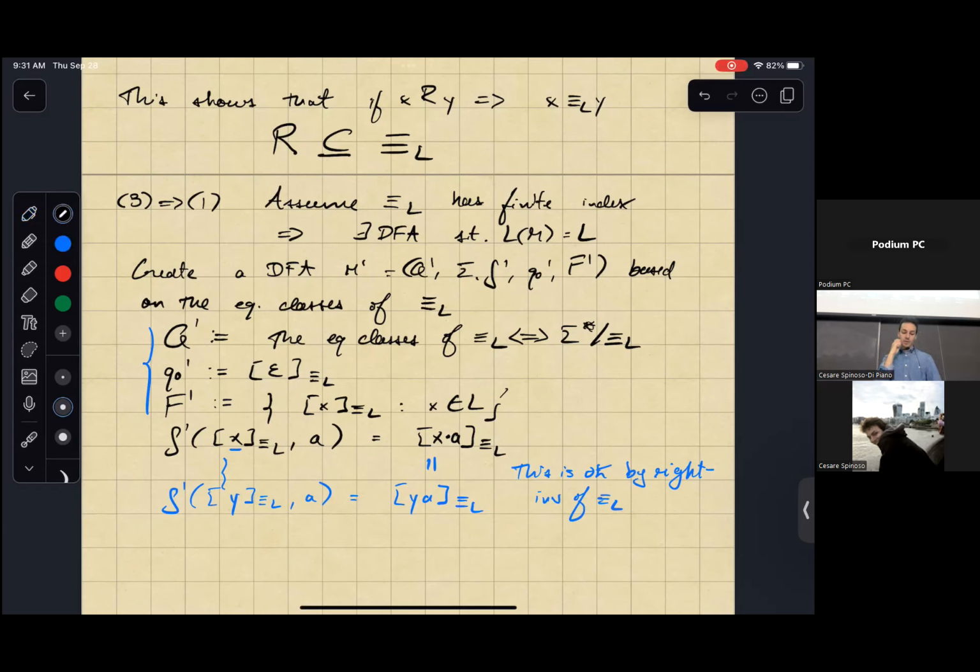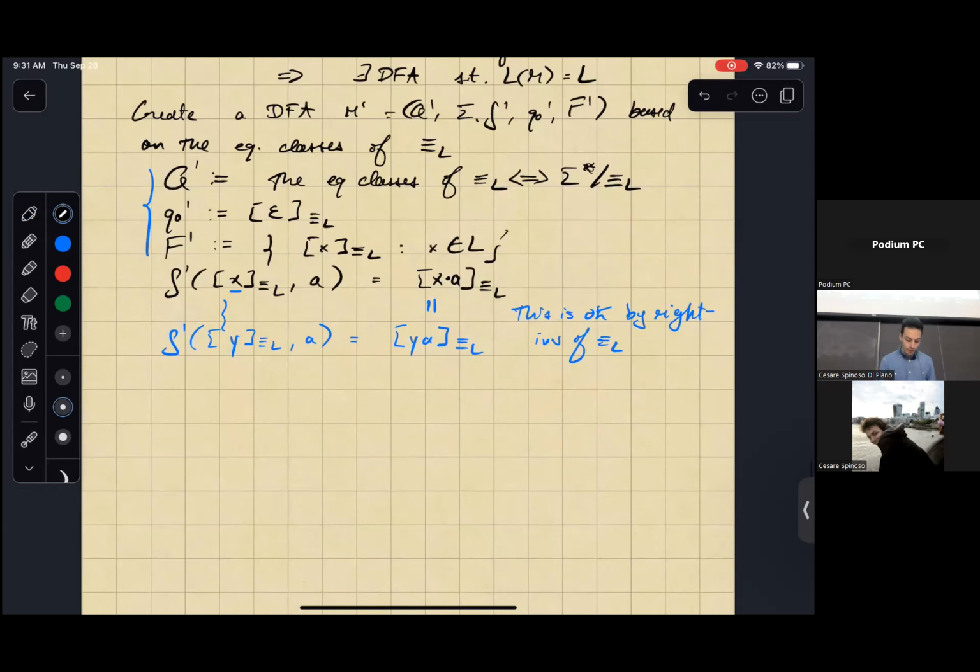Now I've somewhat arbitrarily created this machine, and I need to show that it's correct. The first claim is proved by induction, and I'm going to skip it because it's very boring to prove by induction. The claim is that the extended transition function of my machine M prime, if it takes as state the equivalence class with representative x, and it takes the string y, is going to concatenate along the sequence of letters in y.